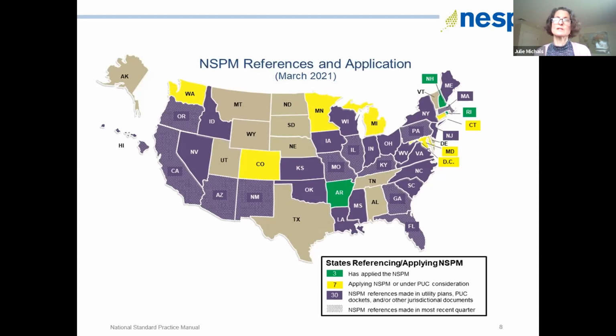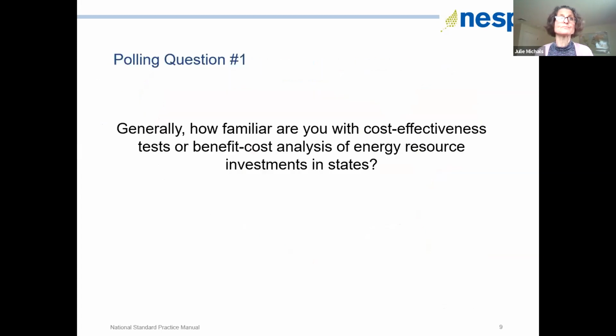There is interest in application in the context of non-wire solution dockets. We're seeing that in Colorado. Or, as I said, broadly across all DERs to help meet and address state broad clean energy statutes and policy objectives.